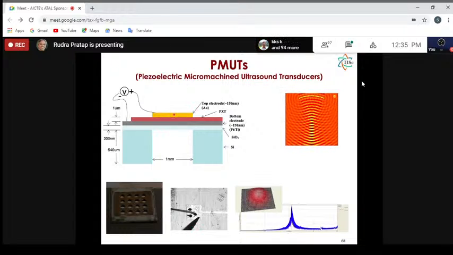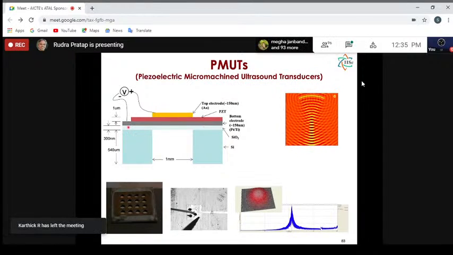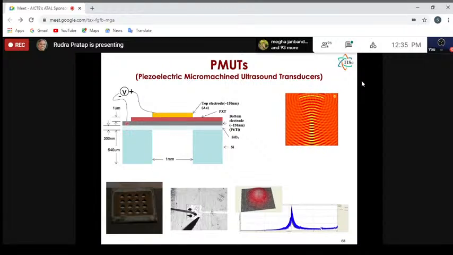This is a stack of material where you have the structural backing, or the structural part of this PMUT, which is silicon. It could be any kind of silicon, or silicon nitride, or silicon oxide, anything you can have as a structural layer.